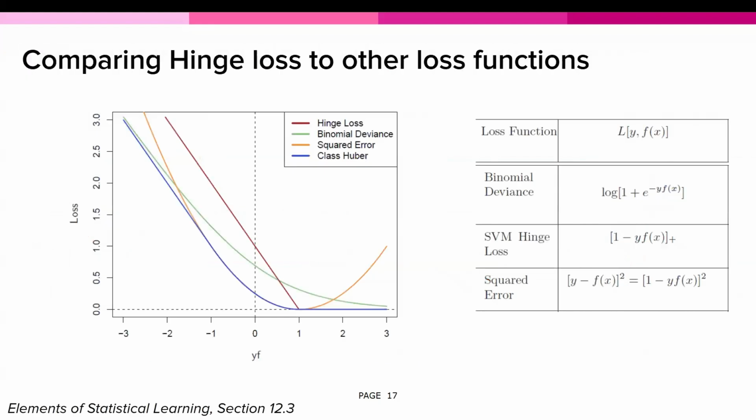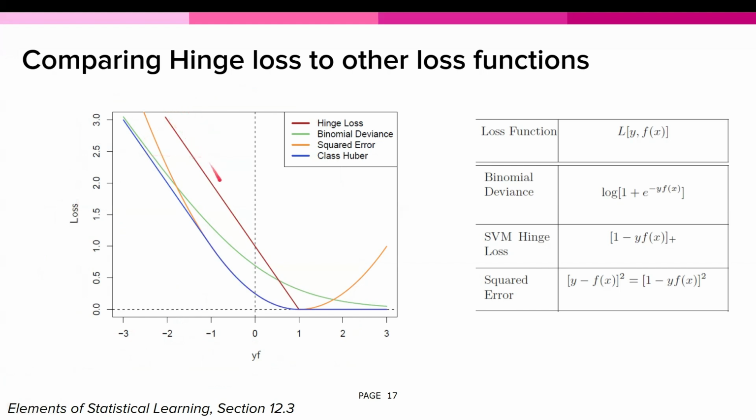So we can also compare the hinge loss to other loss functions that are commonly used in machine learning, as well as those that we've seen in this course so far. The Elements of Statistical Learning text provides a neat discussion of this. The graph on the left plots these different loss functions, where the x-axis is the output of the linear predictor. They call this yf, and the y-axis shows the corresponding loss.